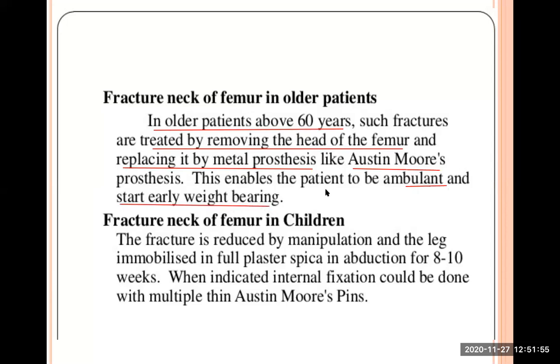This is a very important principle of treatment here. In older patients, if their health allows us to go for the surgery, we definitely go for this type of surgery. So what we do is remove the head of the femur because probably it is already ischemic. There is a high chance of development of avascular necrosis there. Let's remove that head and replace it with a prosthetic material known as Austin Moore's prosthesis.